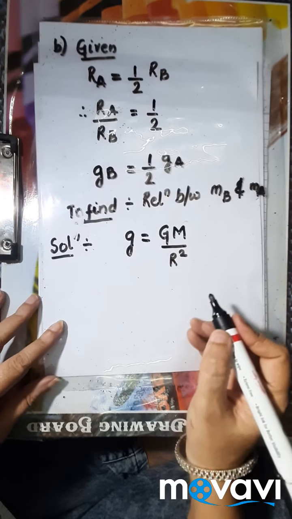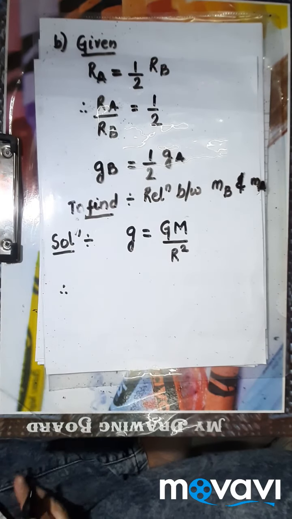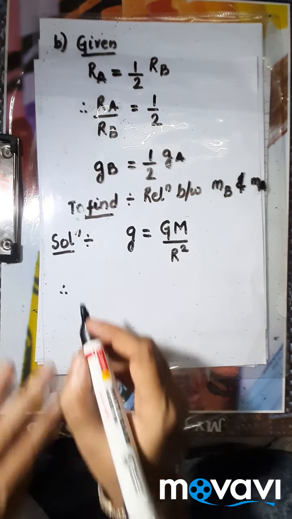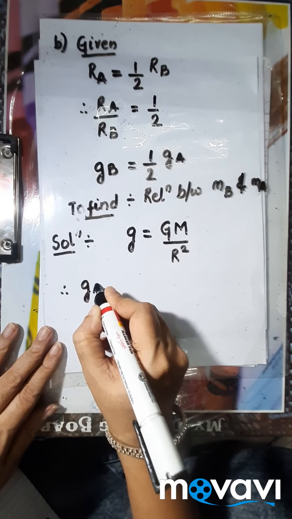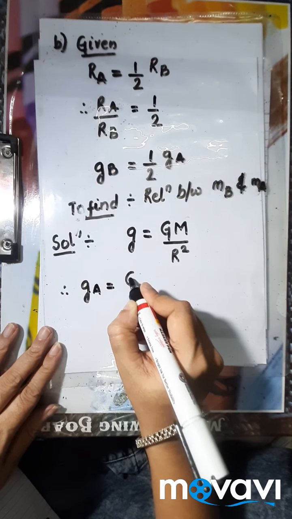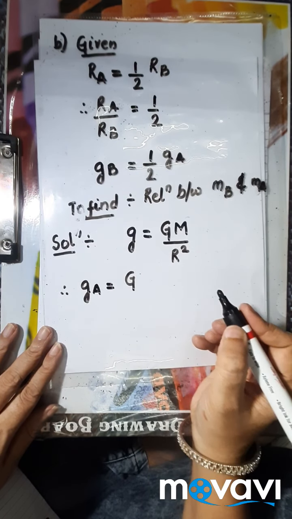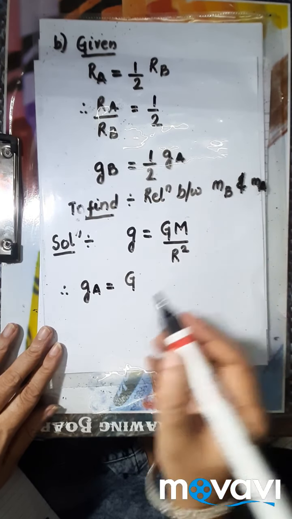Now, they have told me very clearly, there is one GA and one GB. So, my GA is equal to capital G, the universal constant of gravitation. This does not change. I'll keep this as capital G. Now, this is my mass. Here I've used small g, no?